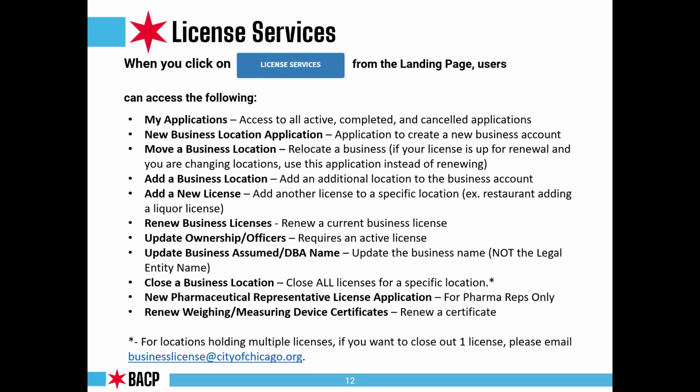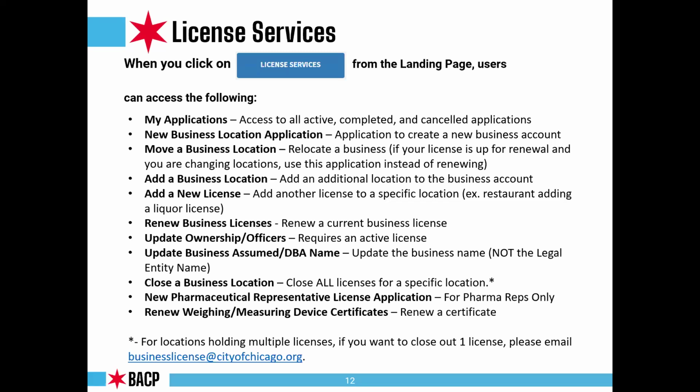You can update your business assumed name. This is not your legal entity name. So if you change the name of your corporation, your LLC, those are going to need to be done through an in-person application, or in certain circumstances, we can coordinate that through email. But through email, it will require you mailing in the application with the required documents, along with a check, money order, or cashier's check for the application fee.